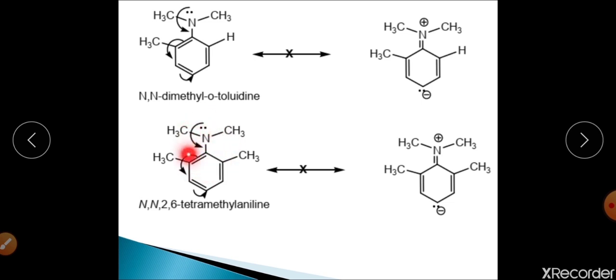They will not have the flat geometry, they are not parallelly aligned, and because of that reason the resonance will be inhibited, and because of the inhibition of the resonance, this lone pair of electrons on the nitrogen is easily available, and it will make it more basic as compared to the previous example.